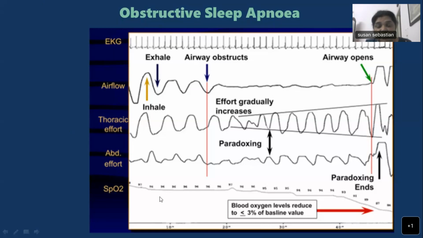And the SpO2 falls. When the SpO2 falls below a certain level, the patient wakes up and the airway opens, the paradox ends and the event is over. So that is a typical apneic event.